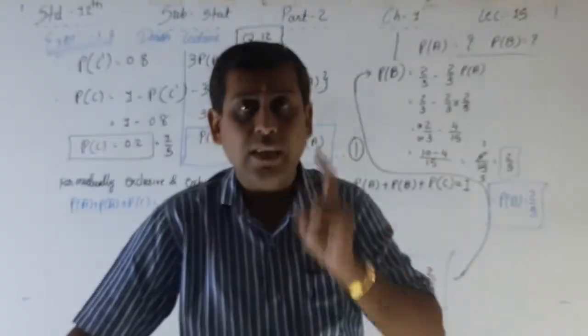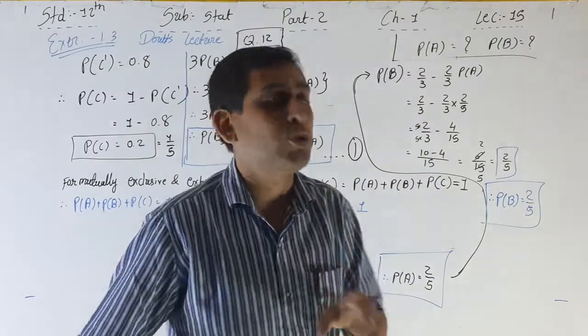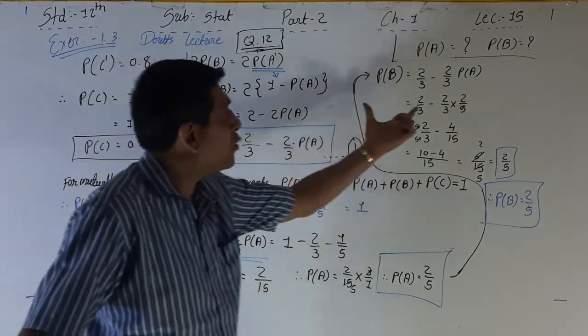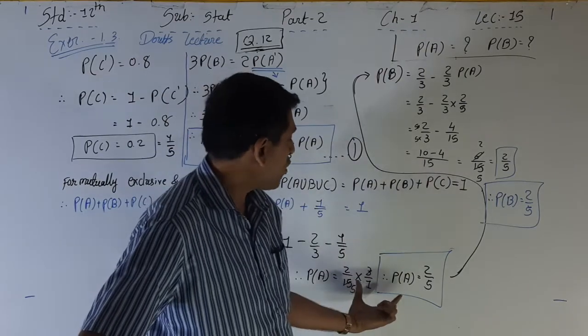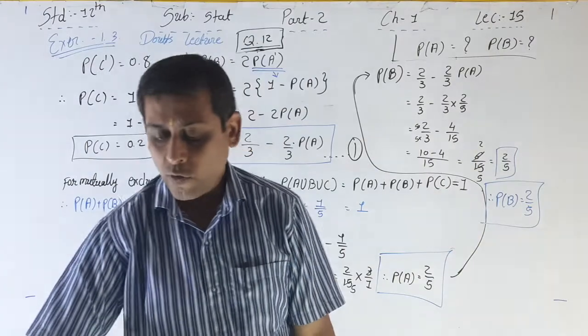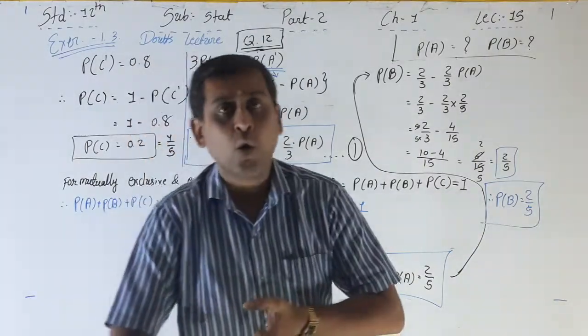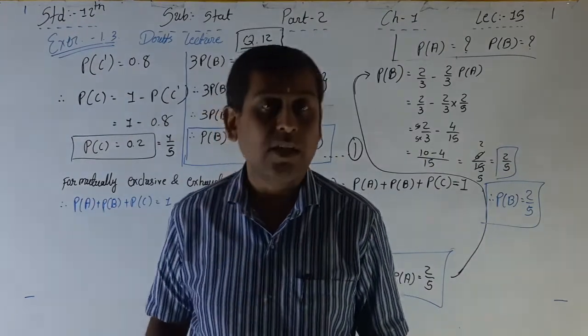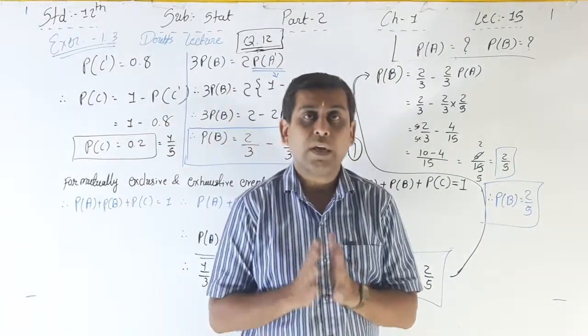If you don't understand, please watch this video 2 to 3 times. This is your final answer: P(A) is equal to 2/5 and P(B) is equal to 2/5.